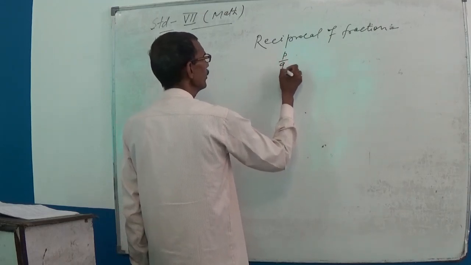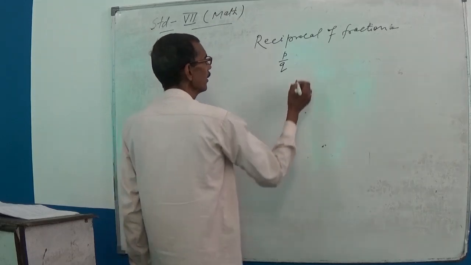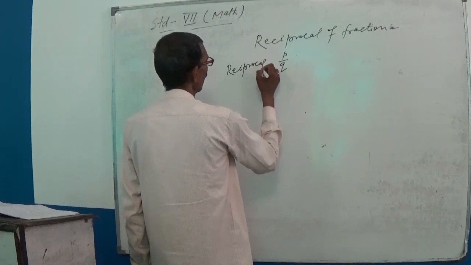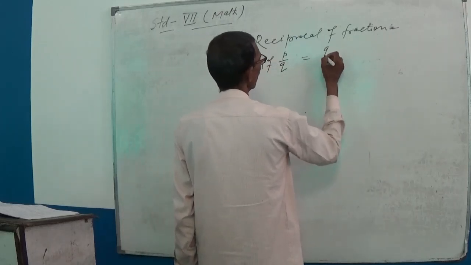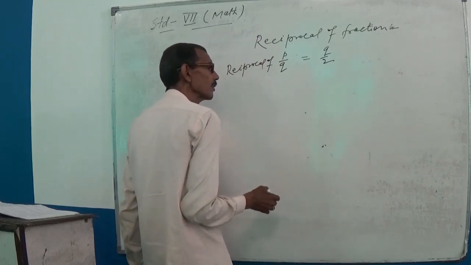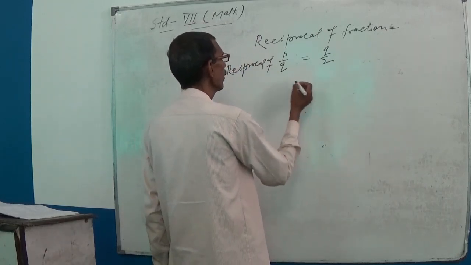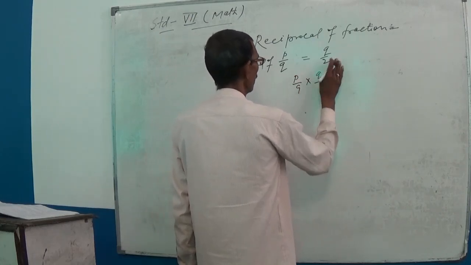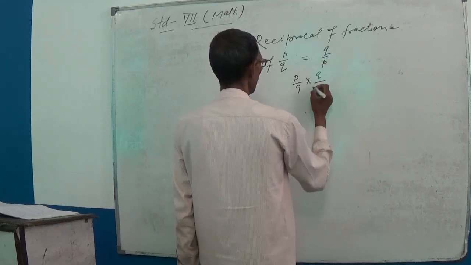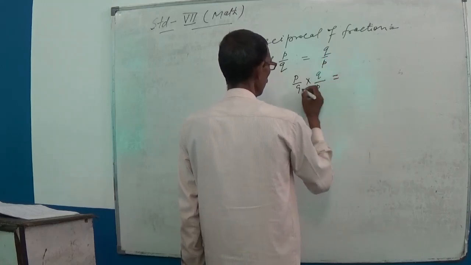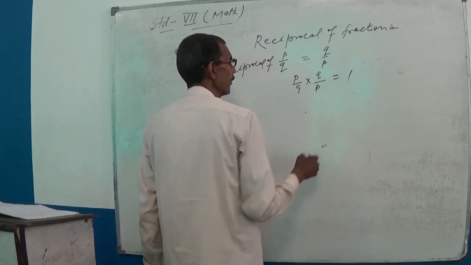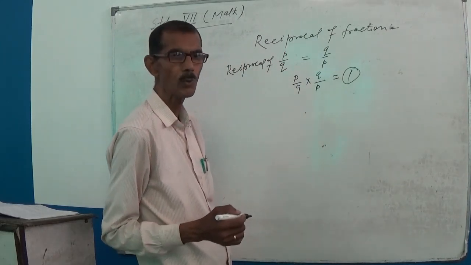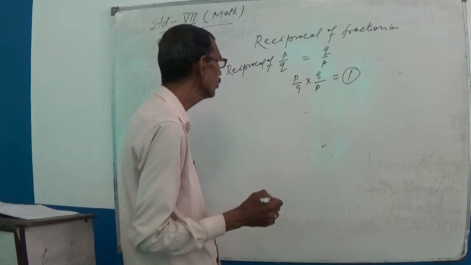Suppose P by Q is a given fraction, then the reciprocal of P by Q is equal to Q by P. And here one more thing: P by Q into Q by P is equal to 1. That is, the product of reciprocal fractions is equal to 1.